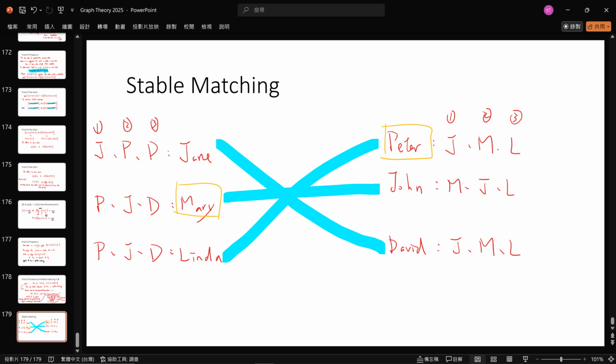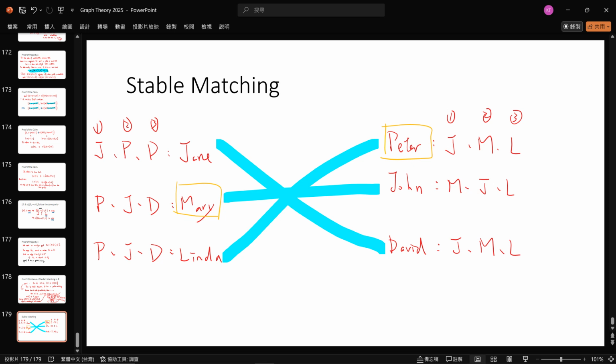Mary is matched to John, and Peter is matched to Linda. But let's first consider Mary. If Mary can choose, she will choose Peter because Peter is her favorite. So compare Peter with John. Mary would prefer Peter to John.